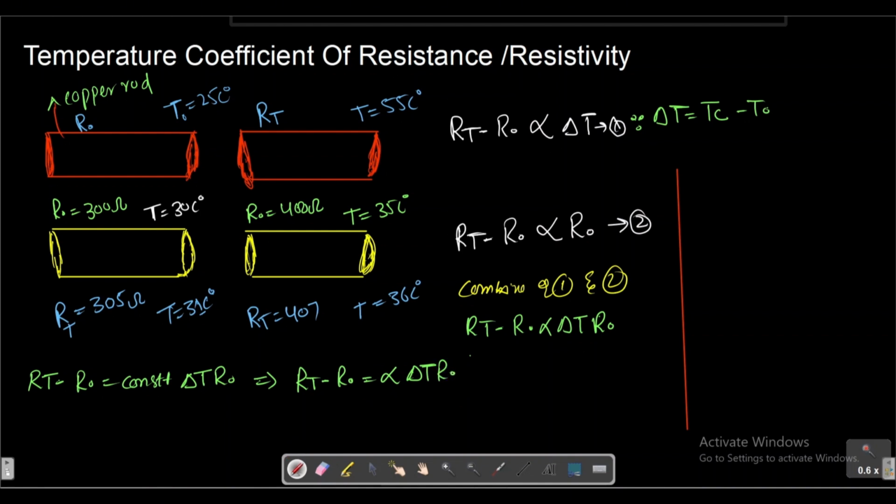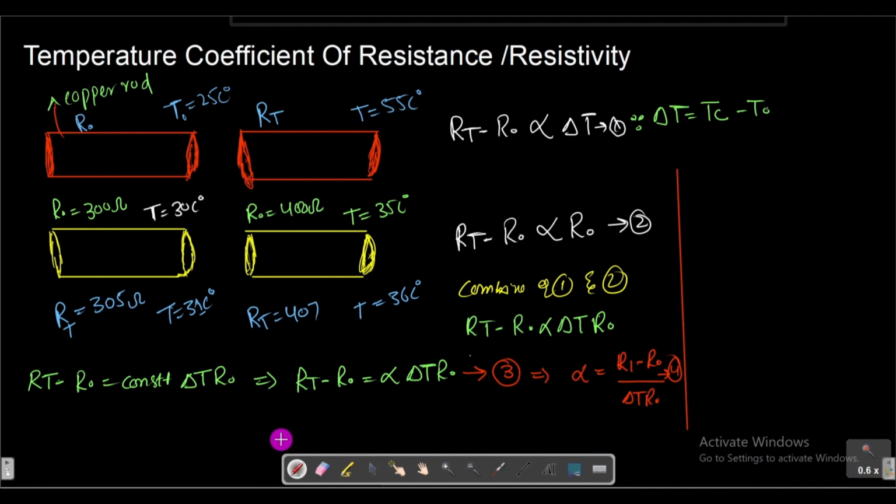Here this alpha is called the coefficient of resistance. Now this is equation 3, and from equation 3 we can determine alpha as RT minus R0 divided by del T R0, and let's call this equation 4.